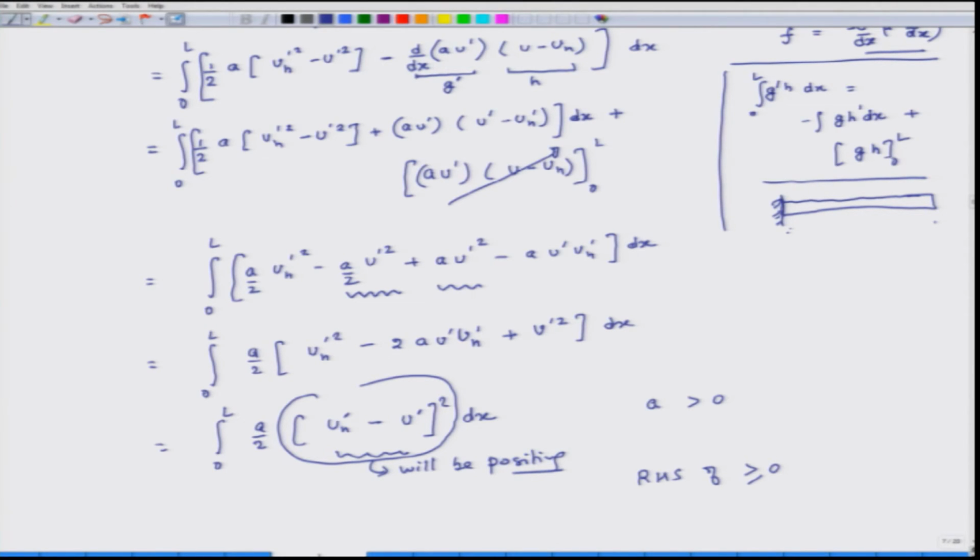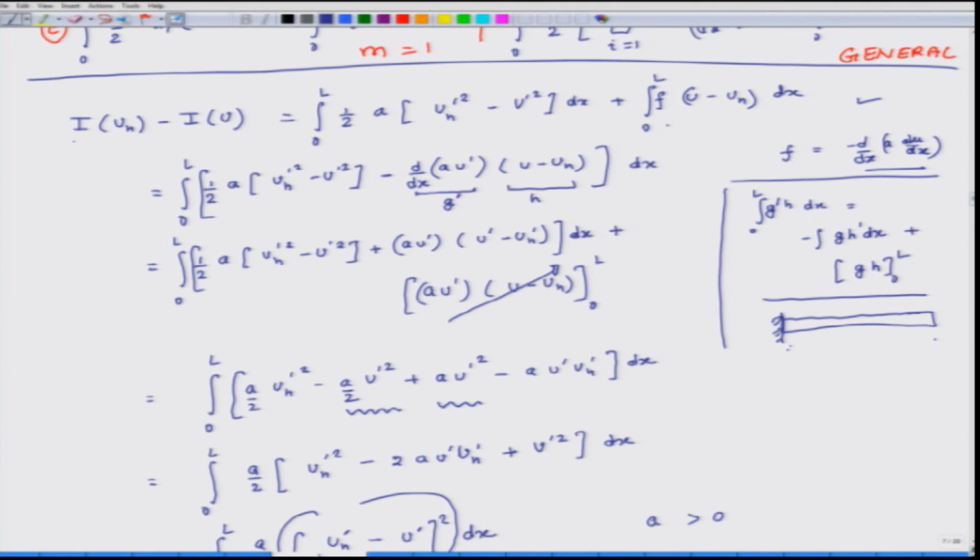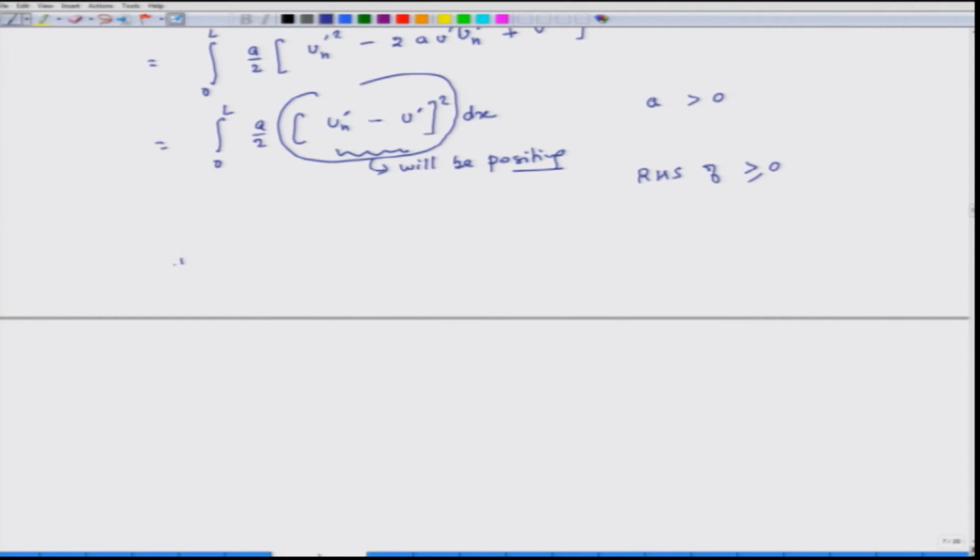And what is the left side? The left side of the equation is I U H minus I U. So, I say that I U H minus I U, this is the left side, and the right side is always more than 0. So, this is always more than or equal to 0.